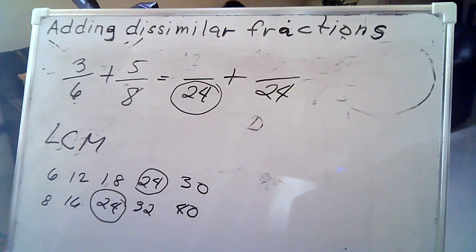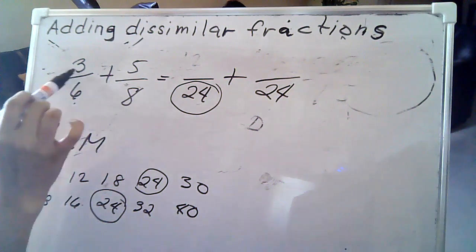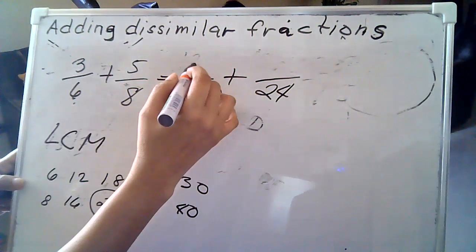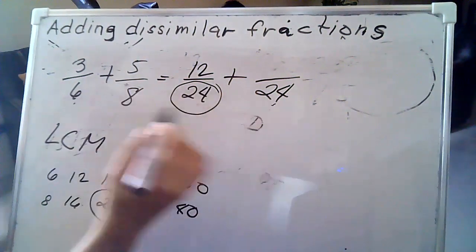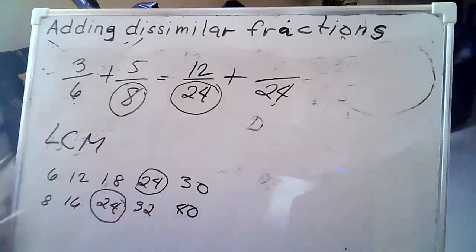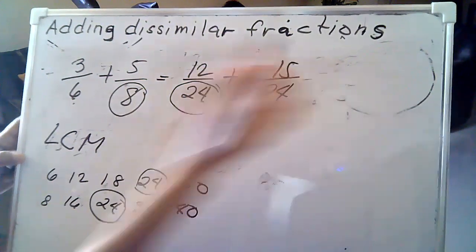So, 24 divided by 6. It's 4, right? So, 4 times 3 is 12. And then, 24 divided by 8 naman for the second fraction, which is 3. Then 3 times 5 is 15.